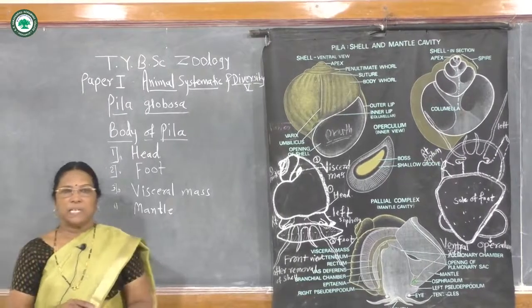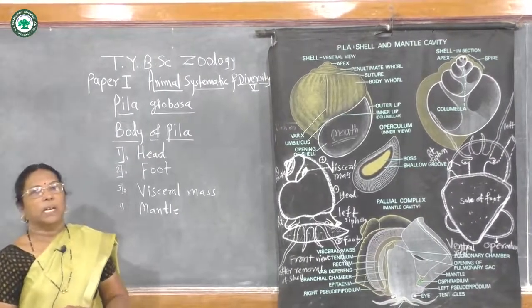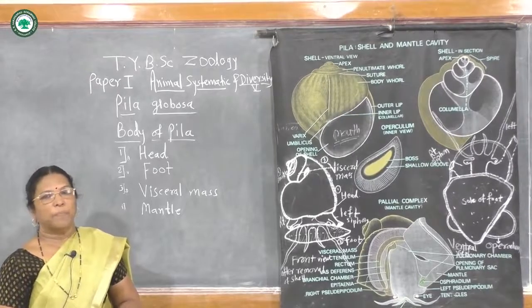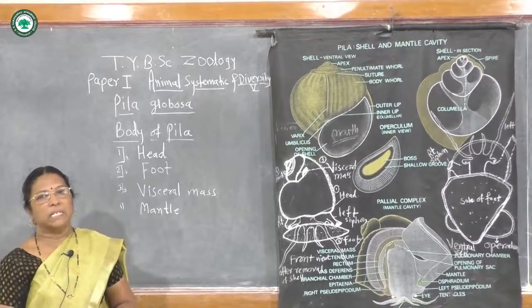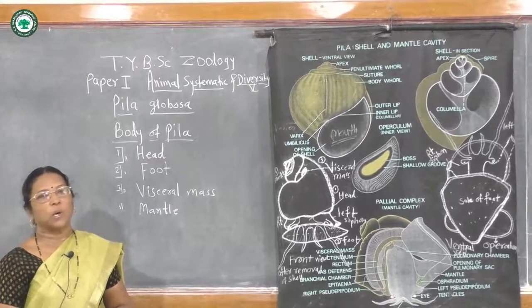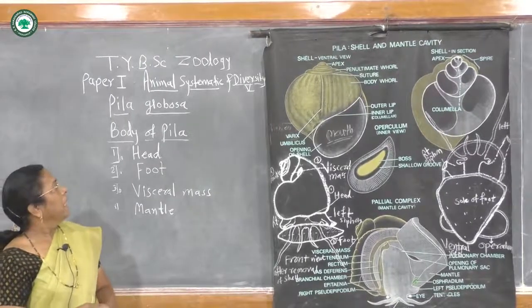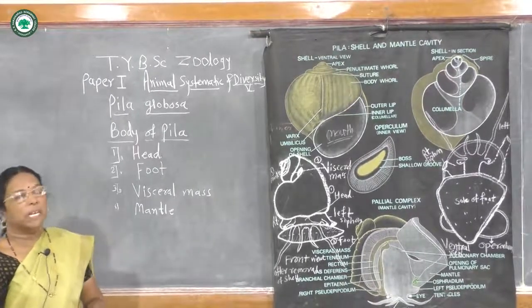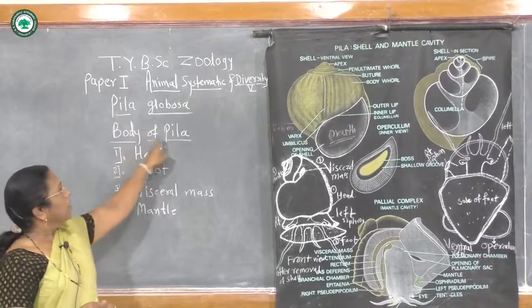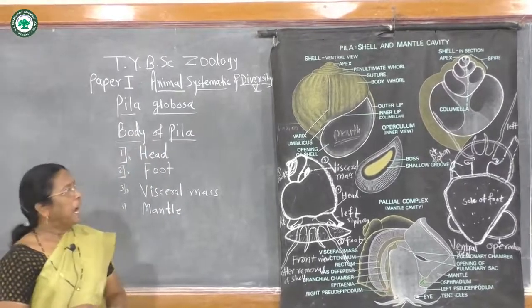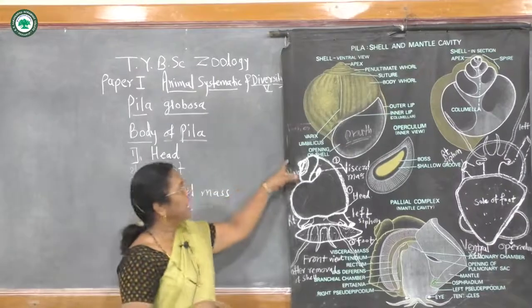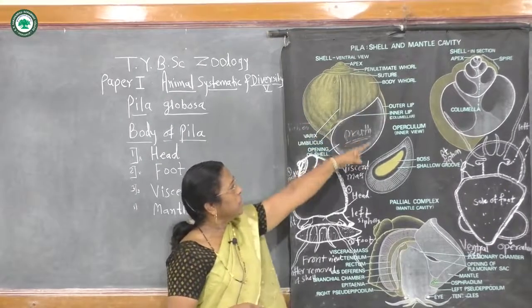In the previous lecture we have seen classification of Pila globosa, external characters and shell structure of Pila. In this lecture we will see the body of Pila after removal of shell. This is the shell.